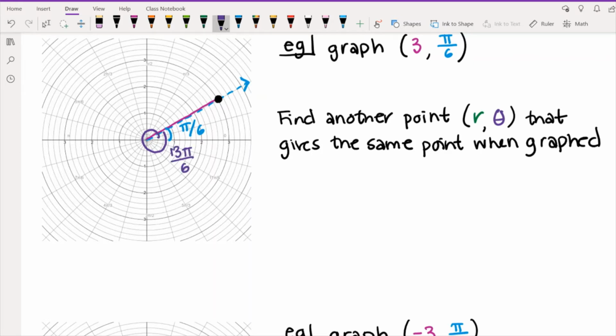And then the R value would still be the same, right? And so an answer for this could be 13 pi over 6. Right, so basically any angle that is coterminal with pi over 6 is going to give you the same point if you leave the R value the same.